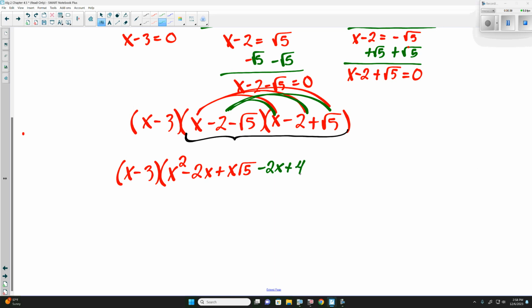And negative 2 times square root of 5 is negative 2 square root of 5. Negative square root of 5 times x is negative x square root of 5. Negative square root of 5 times negative 2 is going to be plus 2 square root of 5. And lastly, negative square root of 5 times square root of 5 is going to be negative square root of 5 squared, which is just 5.